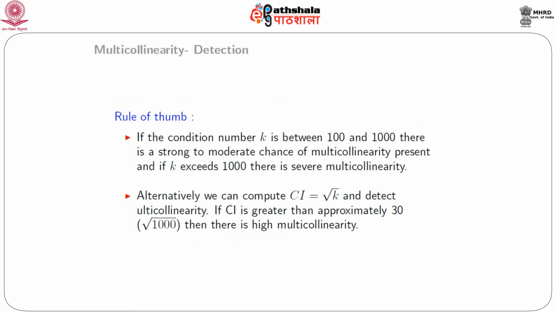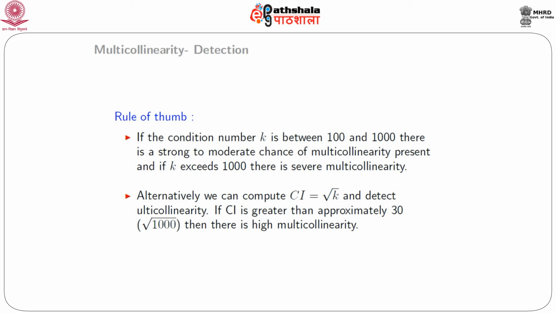And for this method as well, we have a rule of thumb. If the condition number k is between 100 and 1000, there is a strong to moderate chance of multicollinearity present. However, if k exceeds 1000, then there is severe multicollinearity in the data.